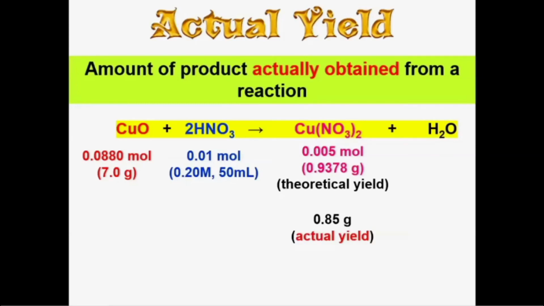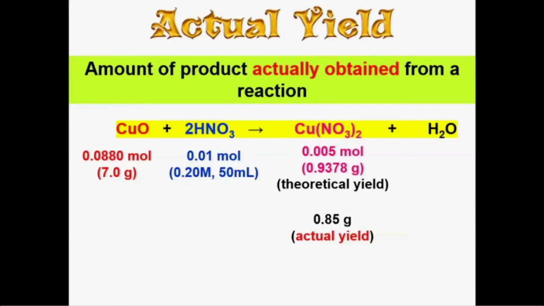Remember, 0.9378 grams is the mass of copper nitrate that we should get based on the moles of copper(II) oxide and moles of nitric acid that we have. We have 0.088 moles of copper(II) oxide and 0.01 mole of nitric acid.